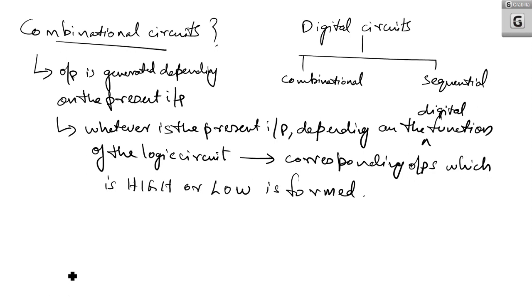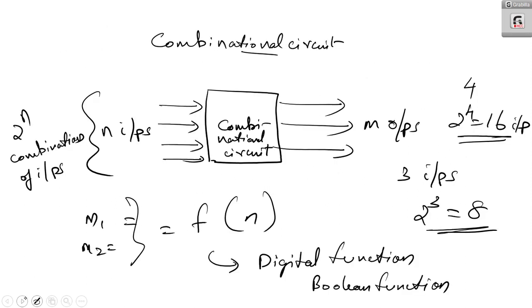Another important factor is that combinational circuits can have more than one input. That means it can have n inputs and m outputs. If there are n inputs, it can have 2 raised to n combinations. If there are 3 inputs, it has 8 combinations; with 4 inputs, 2 to the power 4; with 5 inputs, 32 combinations are possible.